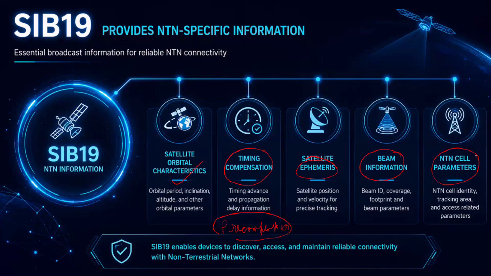In short, without SIB 19, the UE can't properly compensate for the much longer satellite propagation delay. After decoding SIB 19, the UE performs RRC setup, which we'll see in the next slide.